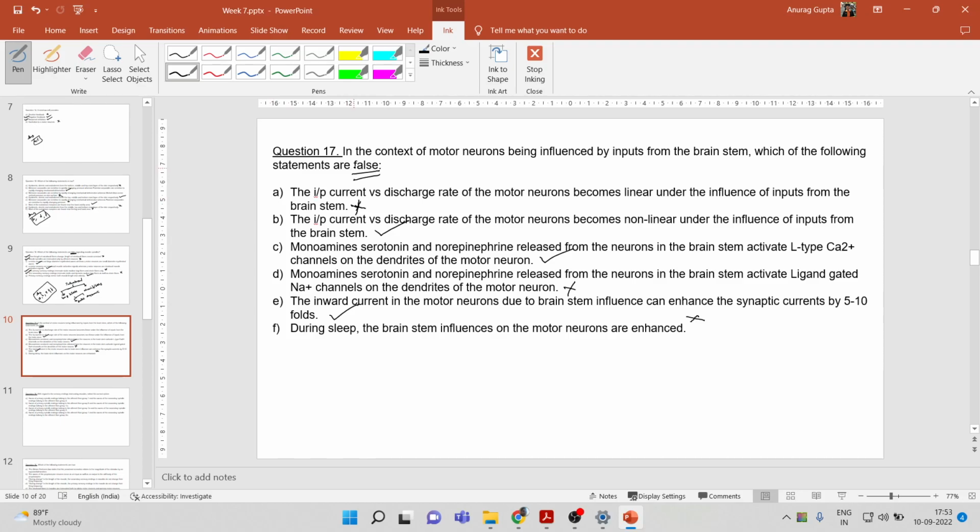So the answer is which of these statements are false? So A is false, D is false, and F is false. So the answer is A, D, and F. Okay.